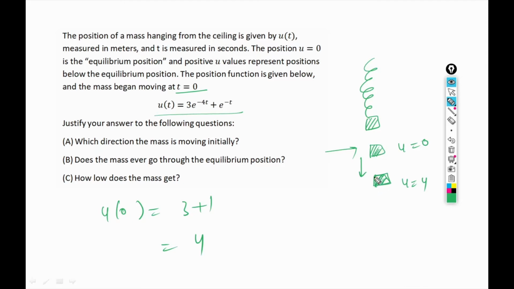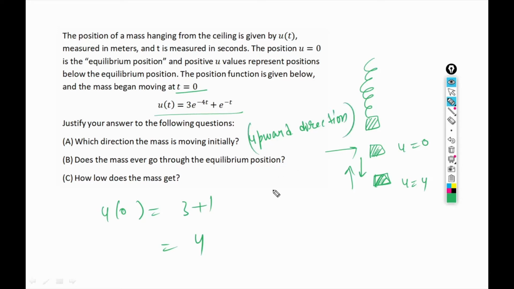Since we are below the equilibrium point, if we release the mass here, then it will go up. So initially the mass will go towards the equilibrium position. Which direction will the mass move initially? In the upward direction. This is the answer to the first part: the mass will move upward.